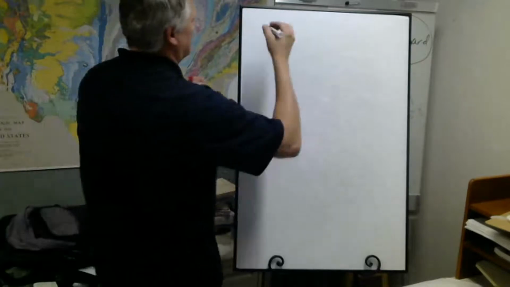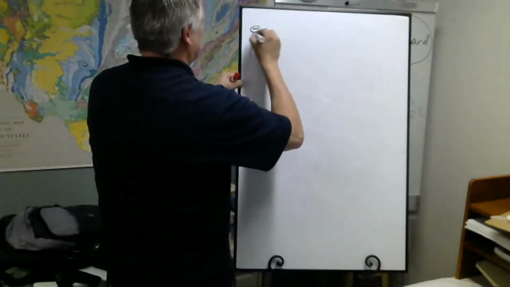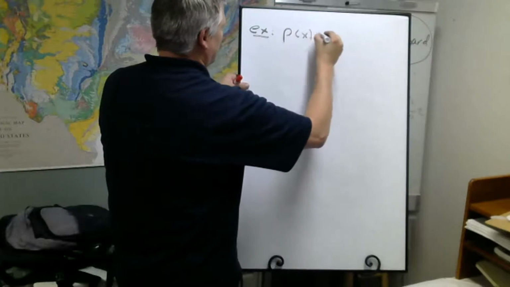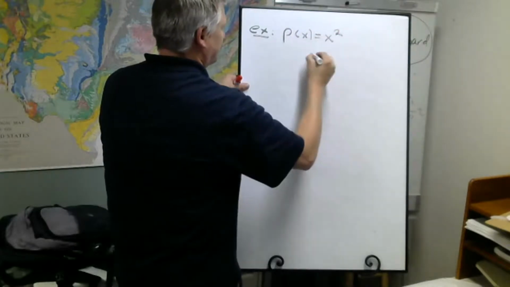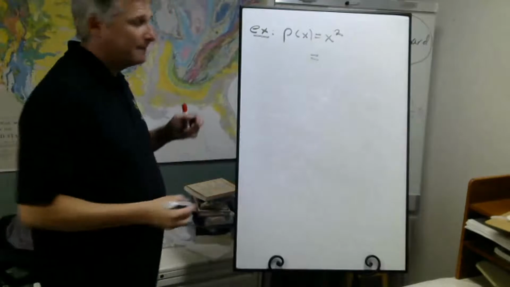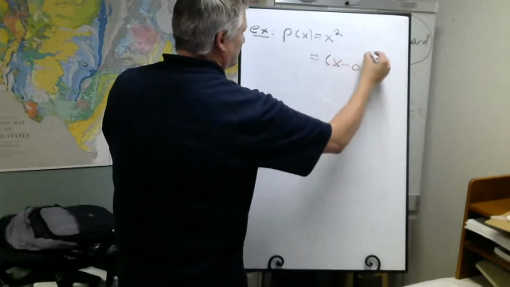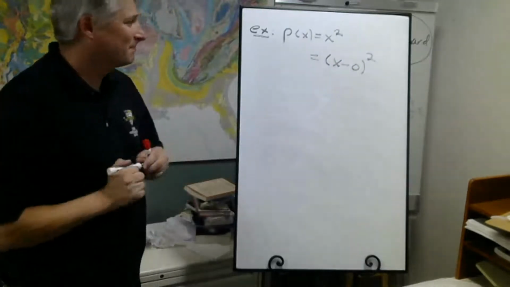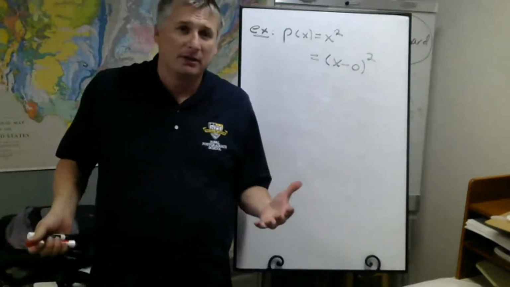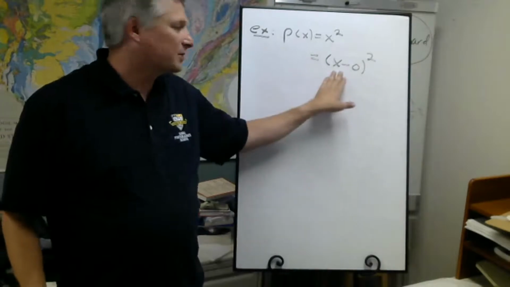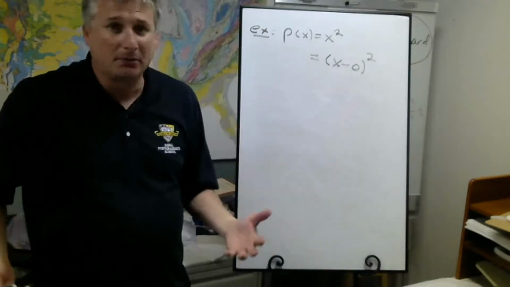So let's look at the canonical function, x squared. We can rewrite this as x minus 0 squared, which is perfectly fine. So for what value of x does this whole thing become 0? Well, when x equals 0.